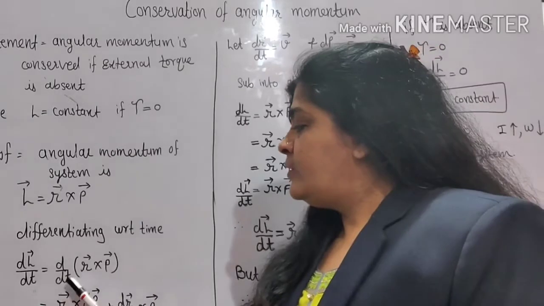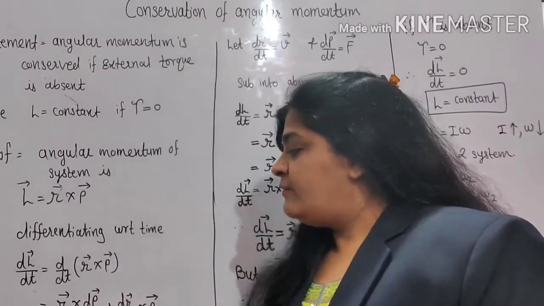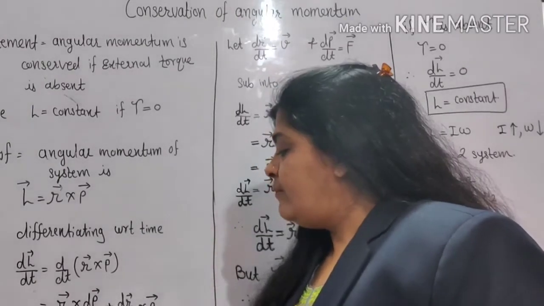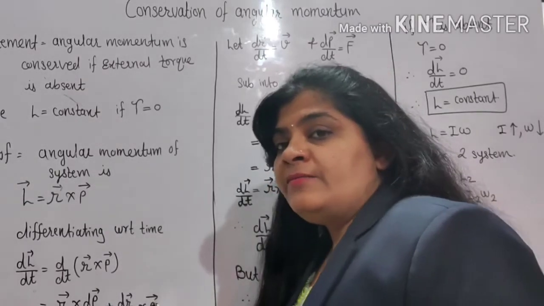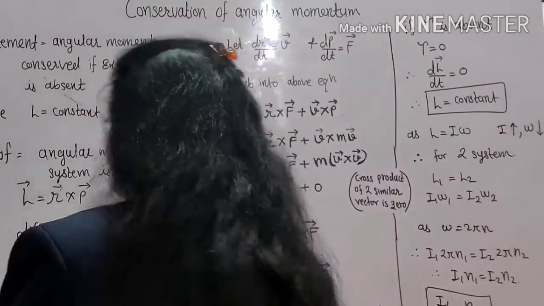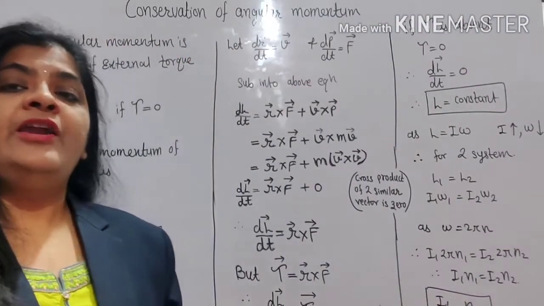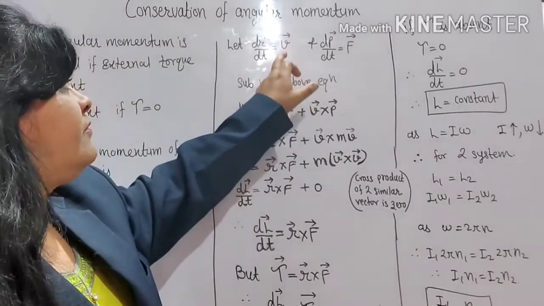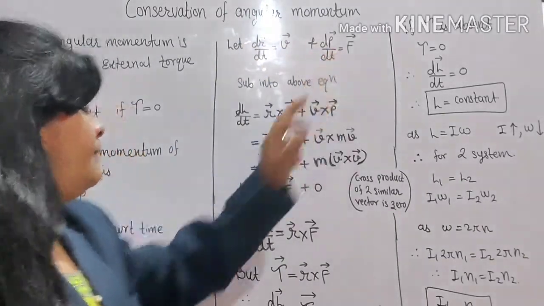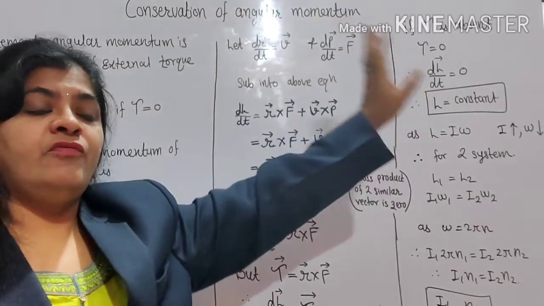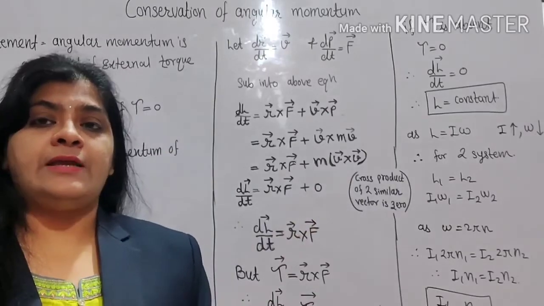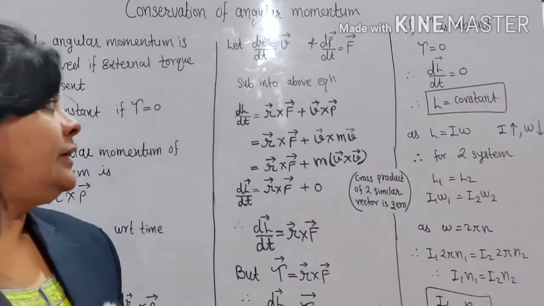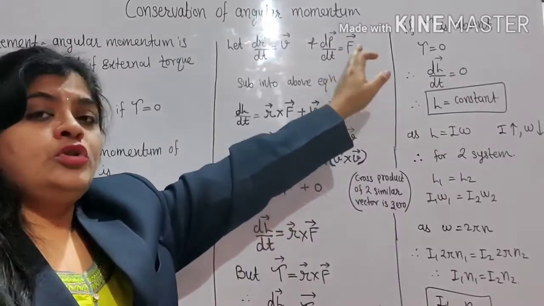Using the product rule for the cross product of vectors, this gives r cross dp by dt plus dr by dt cross p. Here dr by dt is the rate of change of linear displacement with respect to time, represented by velocity v. And dp by dt is the applied force, according to Newton's second law: force is the rate of change of linear momentum with respect to time.